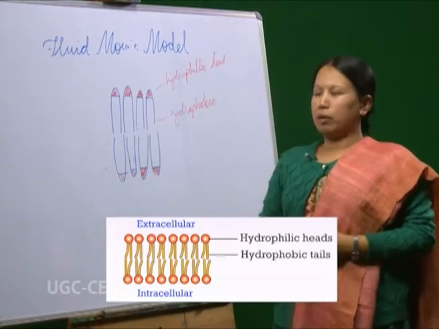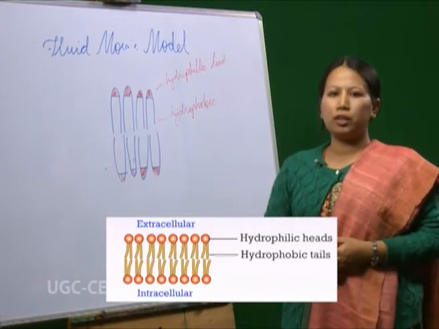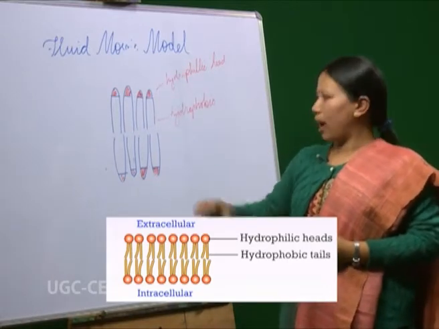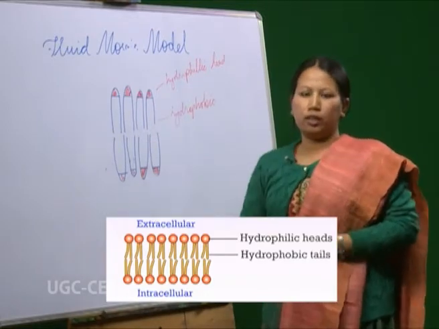This is the lipid bilayer model. Here, the polar hydrophilic groups of molecules are situated on the outside of the membrane and the hydrophobic ends, standing at right angles to the surface, are oriented inwardly.